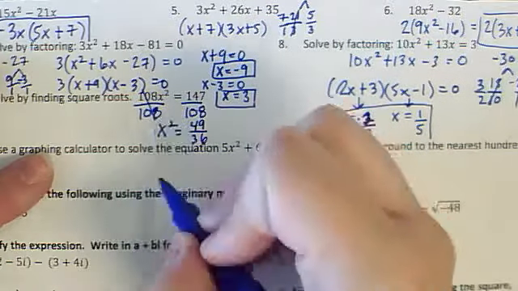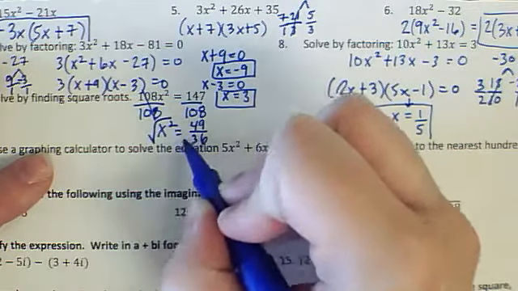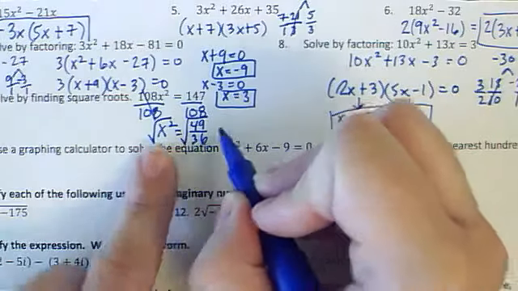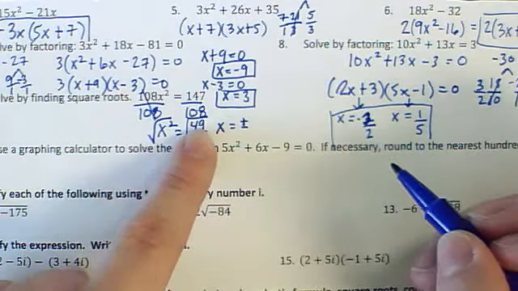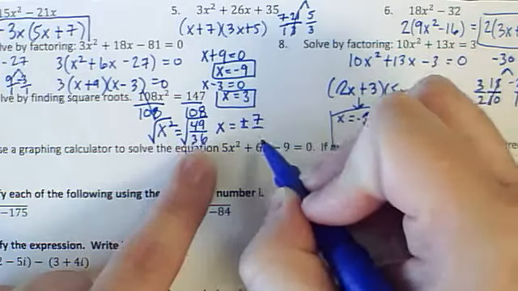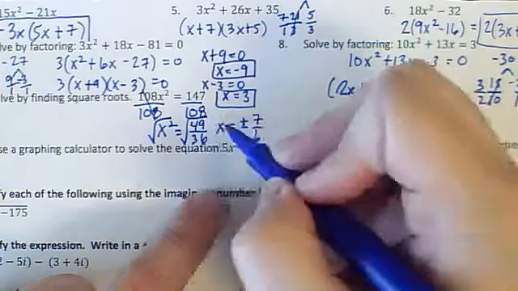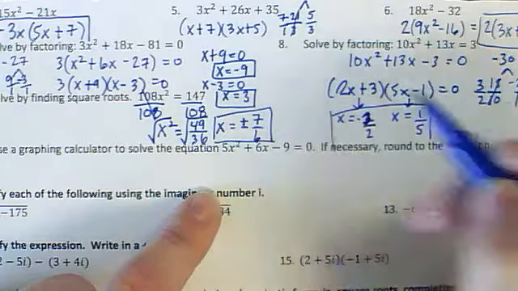Okay, to get rid of the squared, you take the square root. And remember that results in a plus or minus answer. Square root of 49 is 7. Square root of 36 is 6. So there is what our x is.